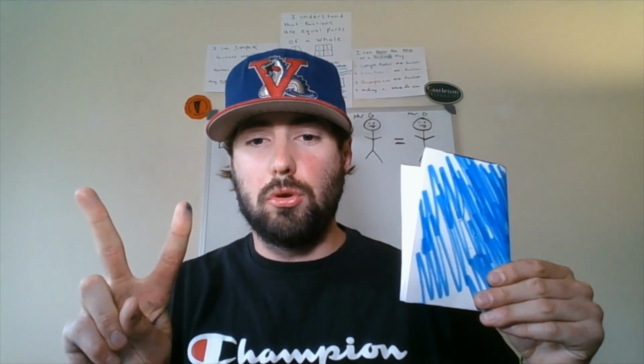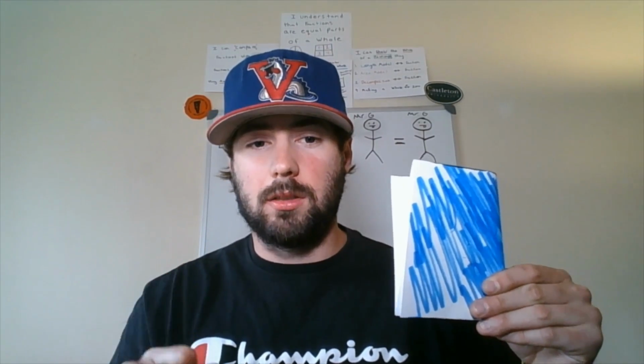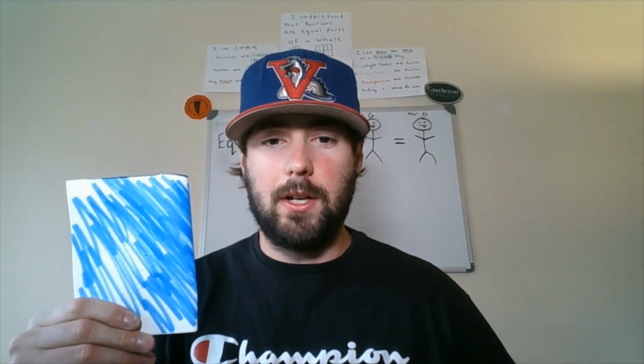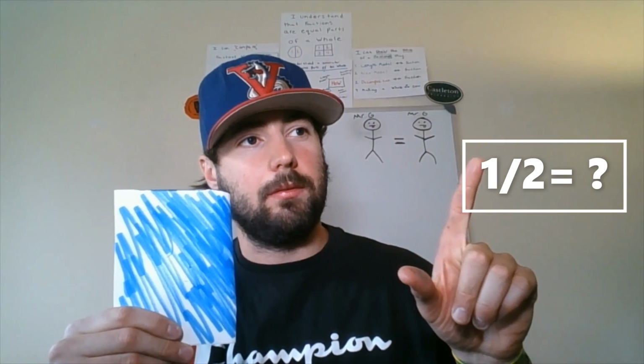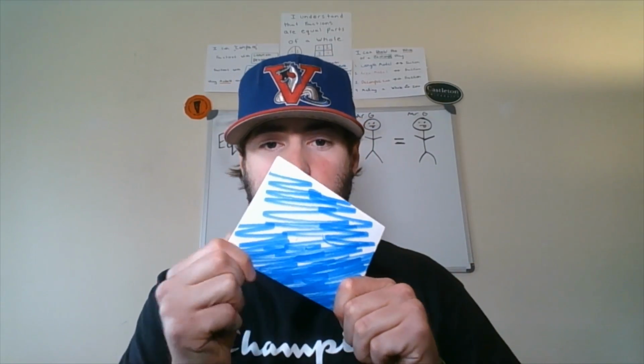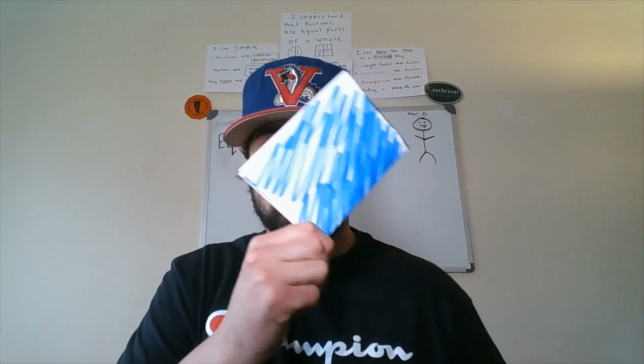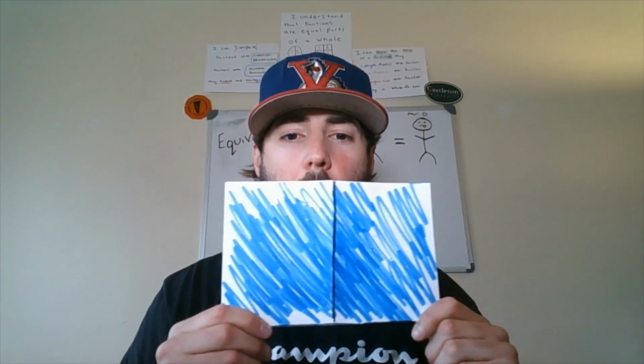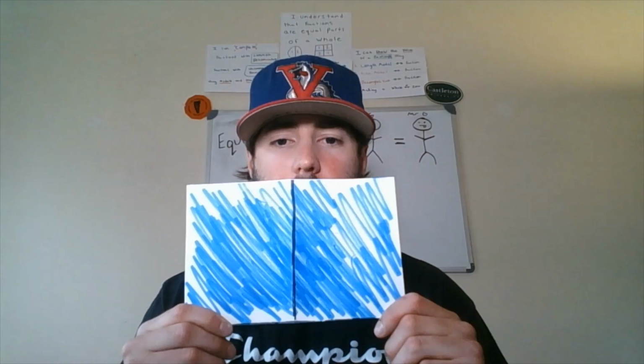And we partition it again into 2 equal parts. So, text feature please. 1/2 could be equal to, after I fold this in half, I broke this half into 2 more equal parts.